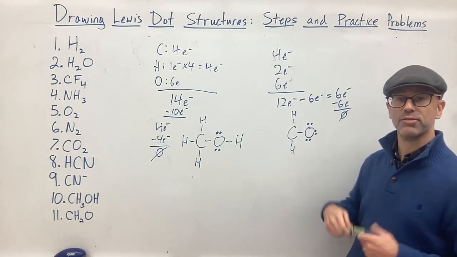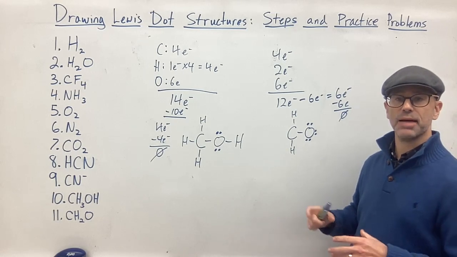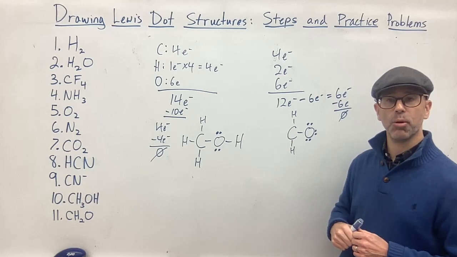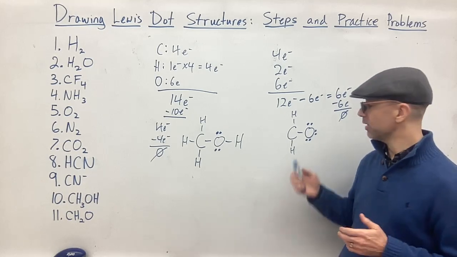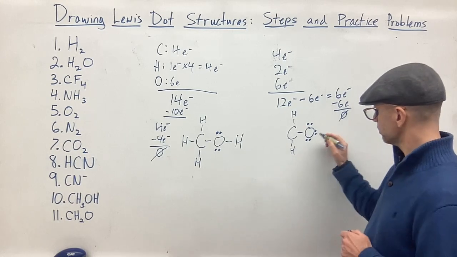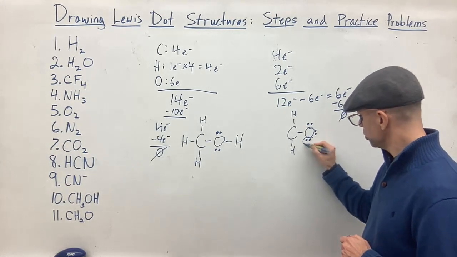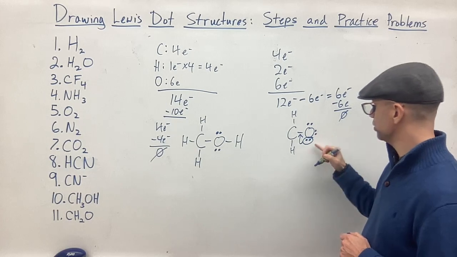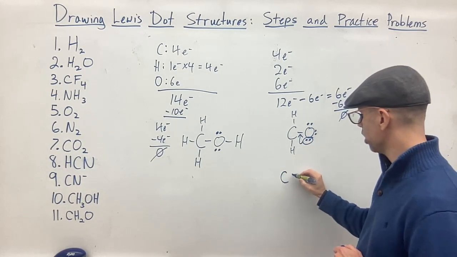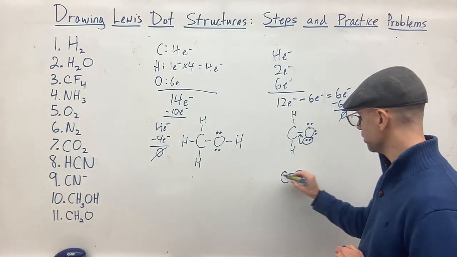So that means I'm going to have to go to step 6, which means I'm going to have to move lone pairs from the outer atom to create a double bond to allow carbon to have 2 more electrons. So I'm going to take 2 electrons from my oxygen, form a double bond. And so now I have carbon with a double bond to the oxygen.